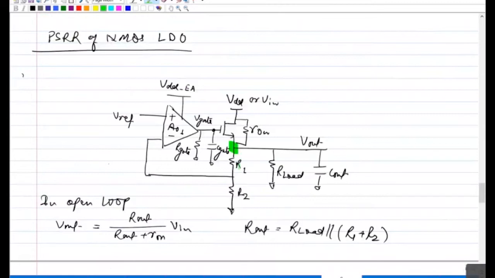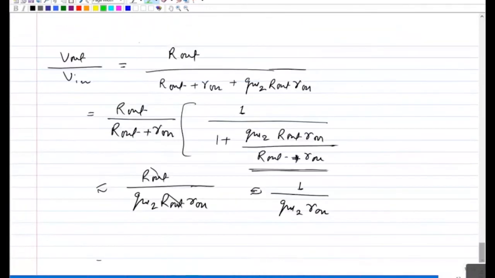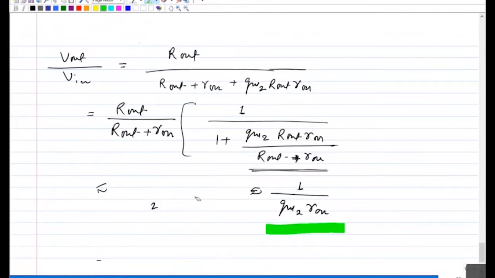When your output impedance R out is much larger than RON, then in the worst case it will be suppressed by at least 1 over GM2 R out, actually, not R on. I think the approximation may not be very accurate, but let me just write it.